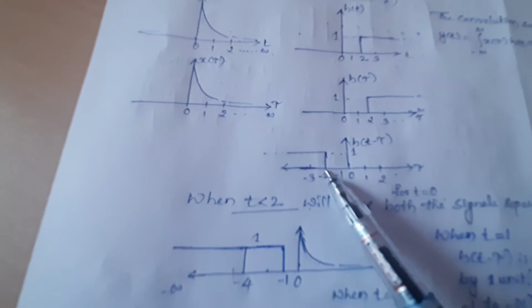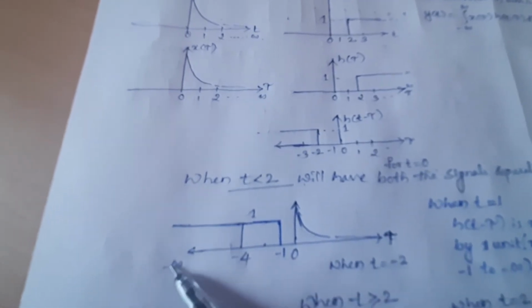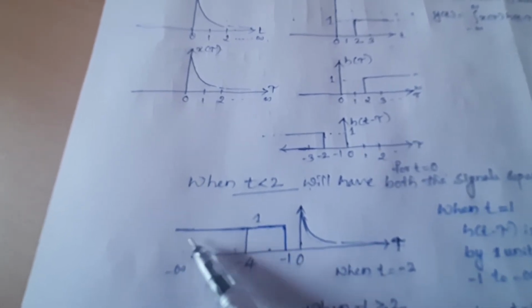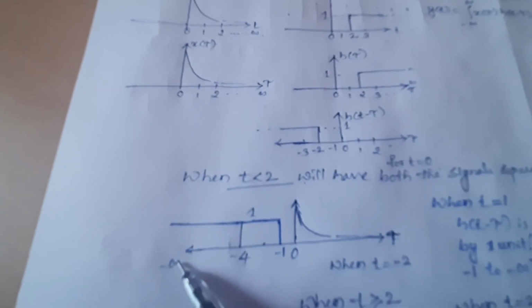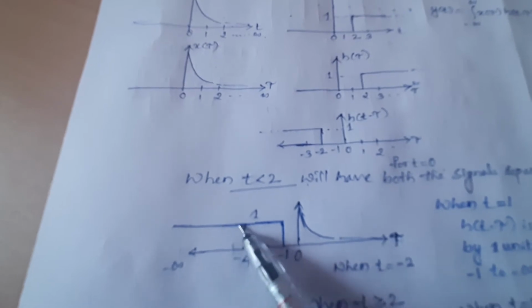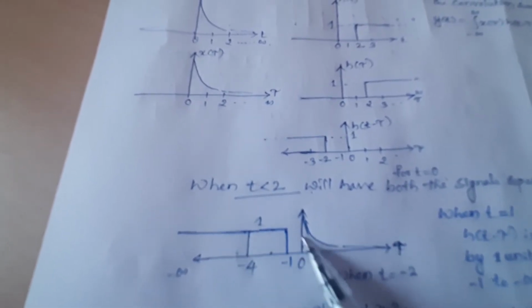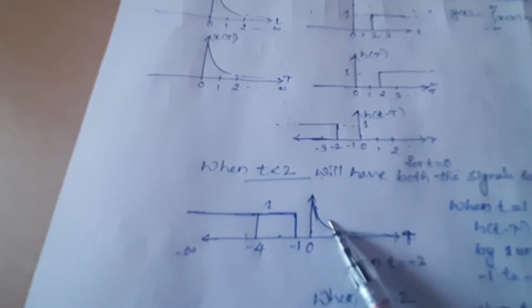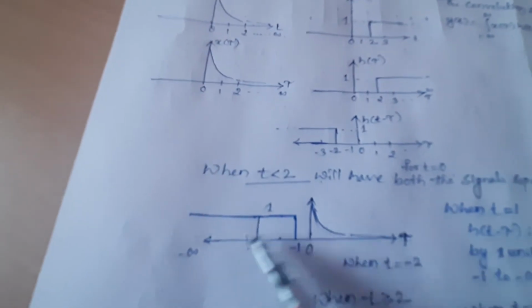So this signal will start at minus 4 and end at minus infinity. As we can see, h of t minus tau is on the left side and x of tau is completely on the right side. So there is no multiplication possible between these two signals.